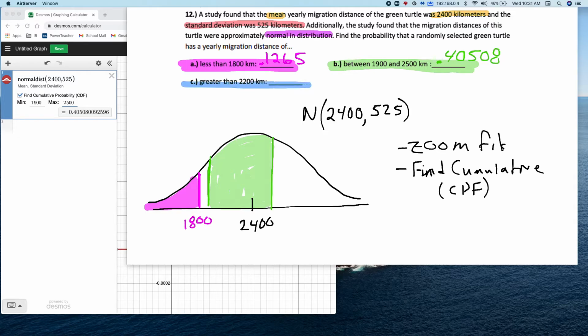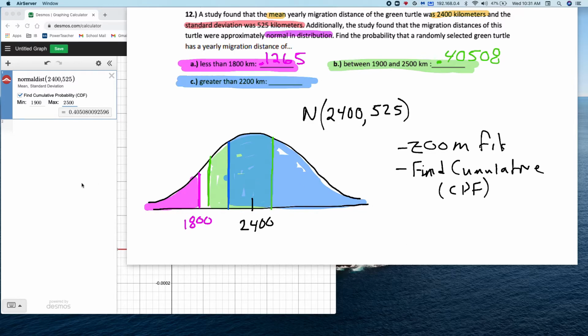So greater than 2200. 2200 might be something right around here, and greater than 2200 would be all of this range up here. Anything bigger than 2200 would be this space in here. I know I'm overcutting the green, but we already dealt with the green.